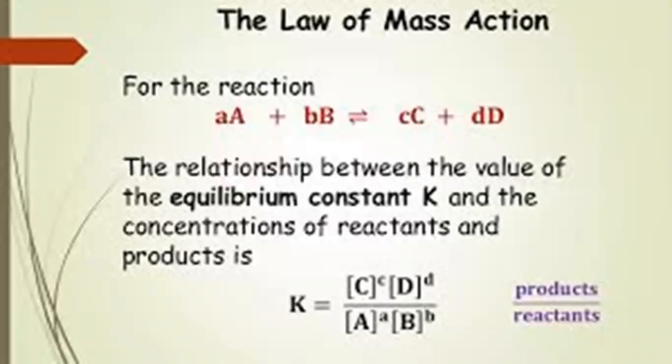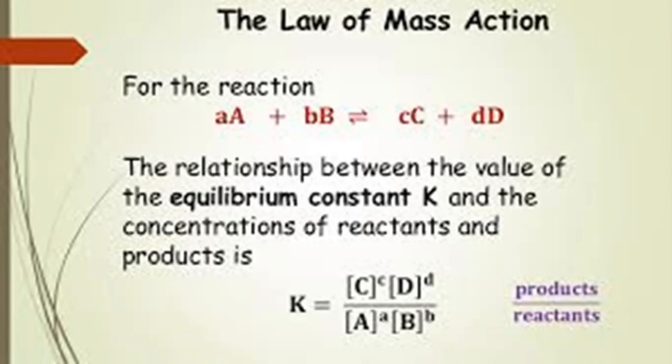Okay. This formula is also known as the law of mass action, because initially, when scientists didn't know about the equilibrium constant or the equilibrium equation, they gave another name to concentration, that is mass action, meaning action of mass. Whenever we perform an experiment, there is a change in the mass of the substances or components we are taking.